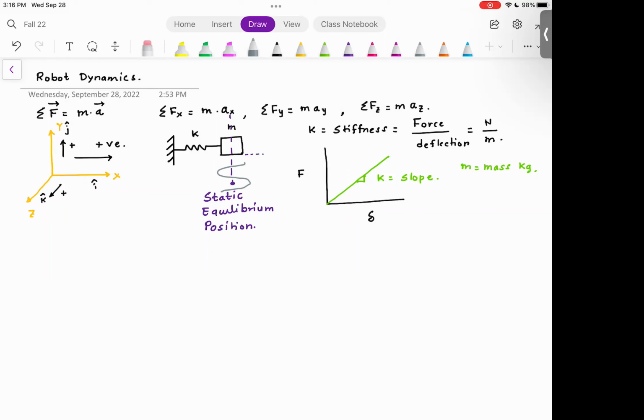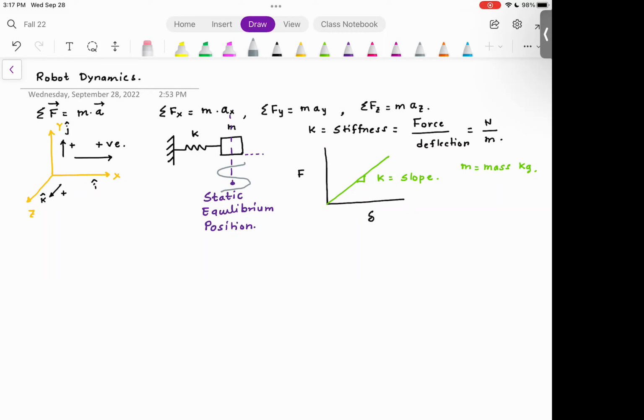And this motion is going to be harmonic, sinusoidal, and repeating. Imagine the spring mass system is placed inside a vacuum. Which means there is no dissipation element, there is no air resistance, and these oscillations will continue for an infinite period of time.